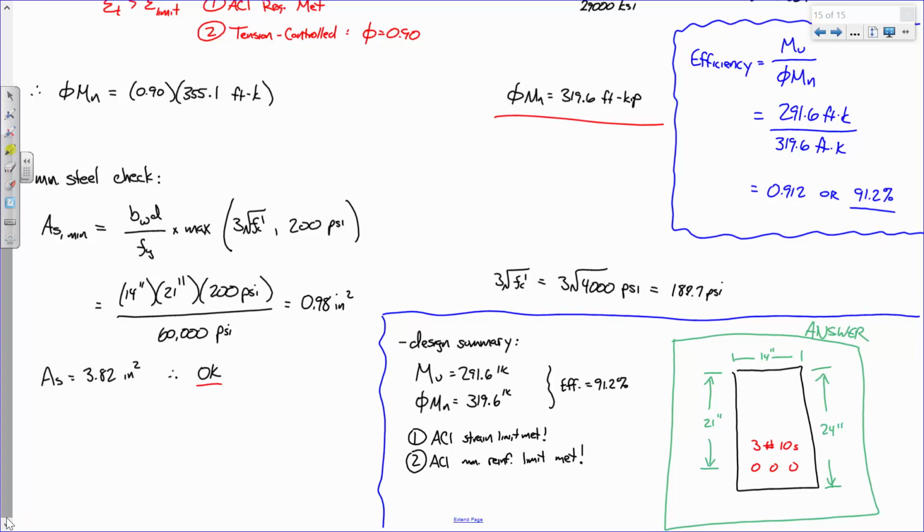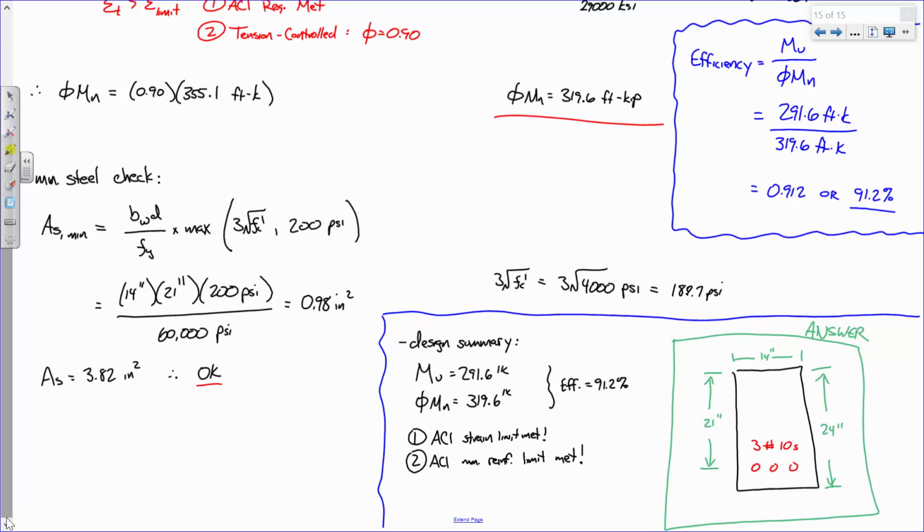All right, let's talk a little bit about design. What would happen if, let's take a look at these numbers. What would we do if that was the case? If that was the case, would our beam be safe or not? It would not be safe, right?